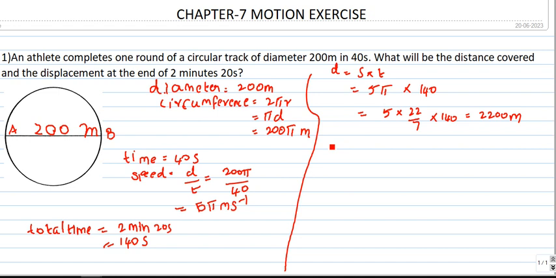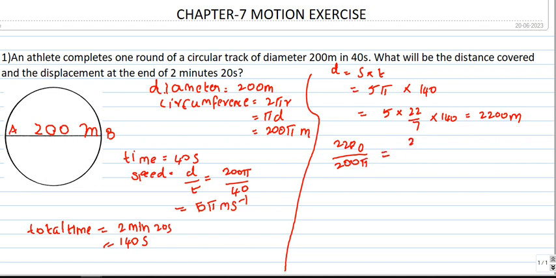So we have to find the displacement now. For finding the displacement, we have to find out how many times the athlete goes round the circle. If we have to calculate that, the distance he covers is 2200 meters divided by one circle, which is 200 pi, the circumference of the circle.